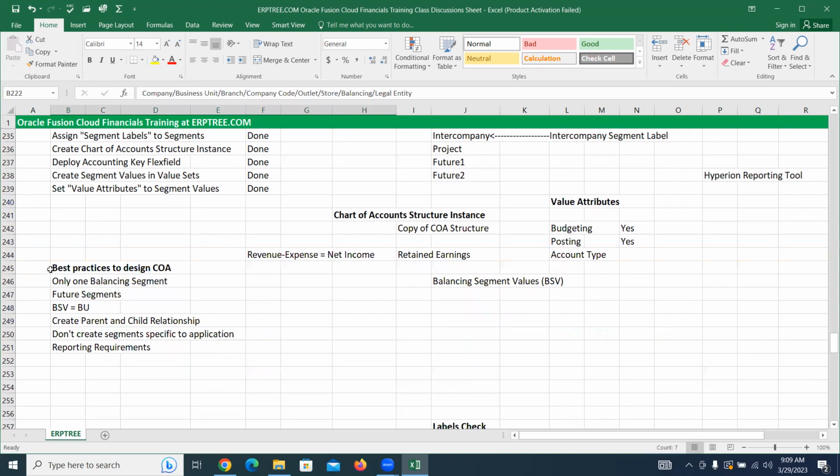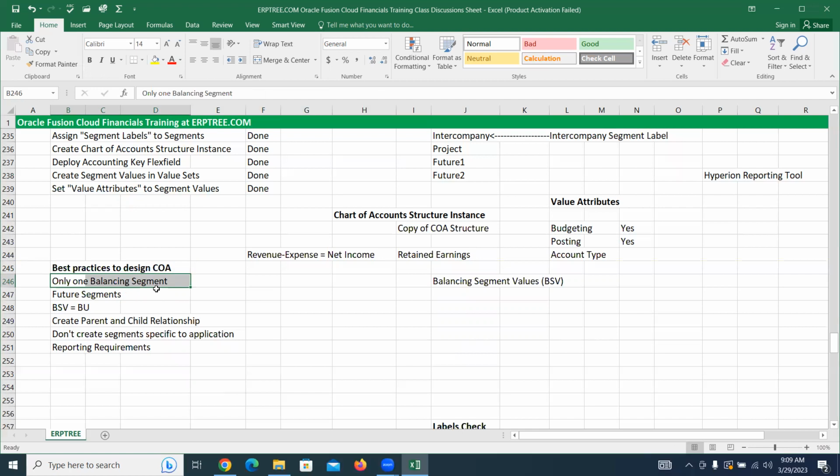You should understand the best practices when you design the chart of accounts, and you have to be very, very clear about each and every point. Only one balancing segment. You can have up to three, but we never recommend it. Why? If there is any other balancing segment, if anything goes wrong, everything will become a mess.